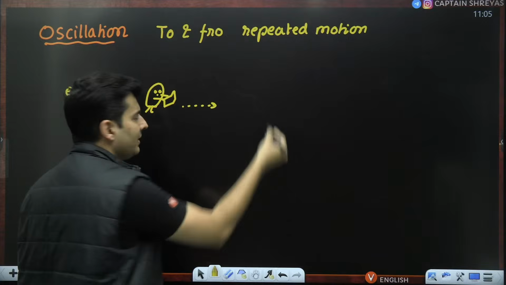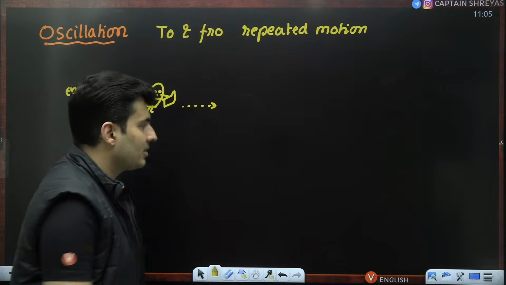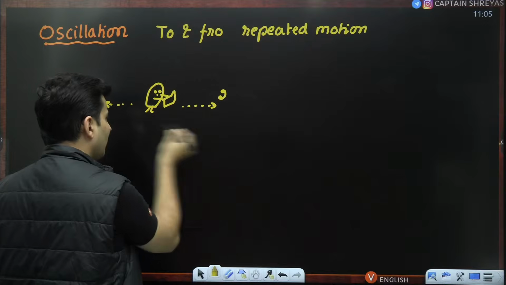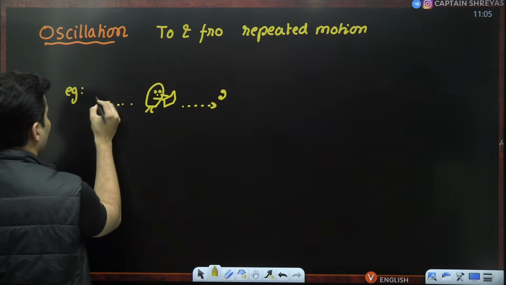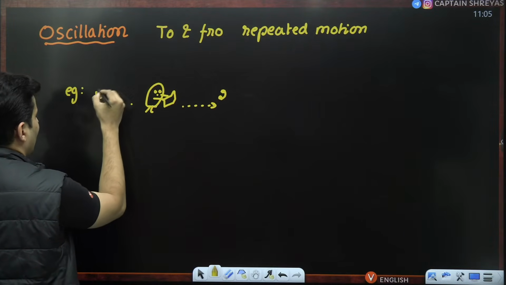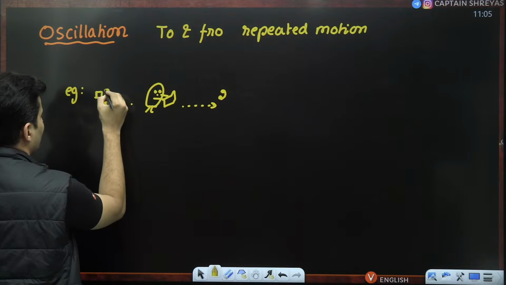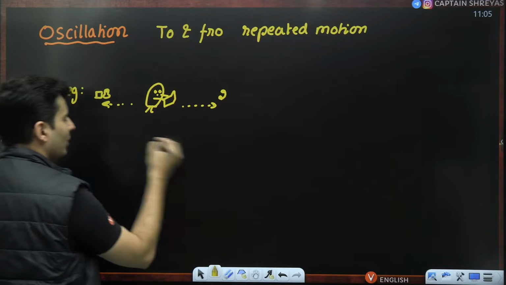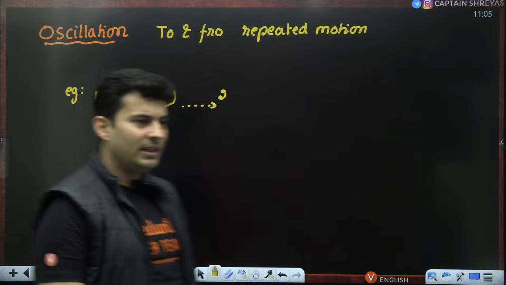Then he reads something, and then he gets tense. He gets a phone call from his friend, and then he waits for some time, and then again goes over here. Then over here, maybe he eats some snacks, and maybe he drinks some juice which his mom and dad have made. Whatever, he keeps going back and forth. So this is basically an oscillatory motion.